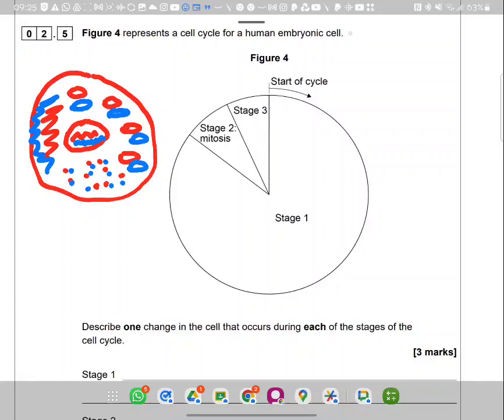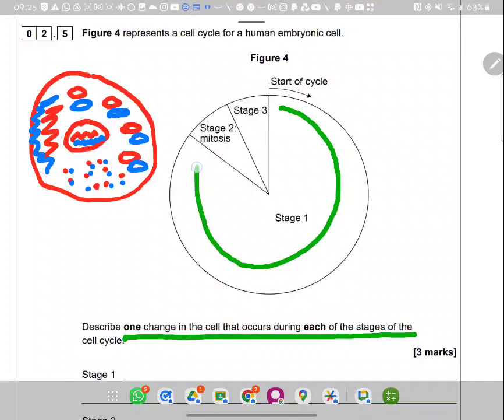And so as we go through this answer here, asking for one change that occurs in a cell during each of the stages above, let's go through the process to make sure we can nail this. In this section here, before we get to mitosis, which is the cell division part with stage 3, we've got growth of the cell because it needs to be made bigger.